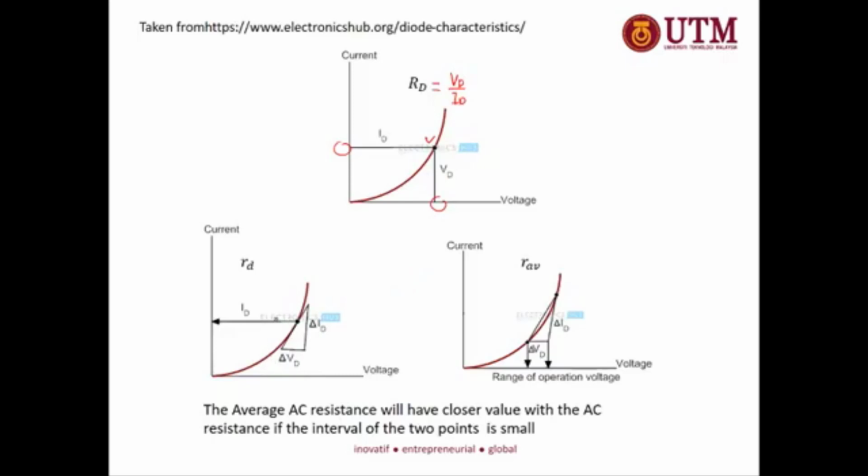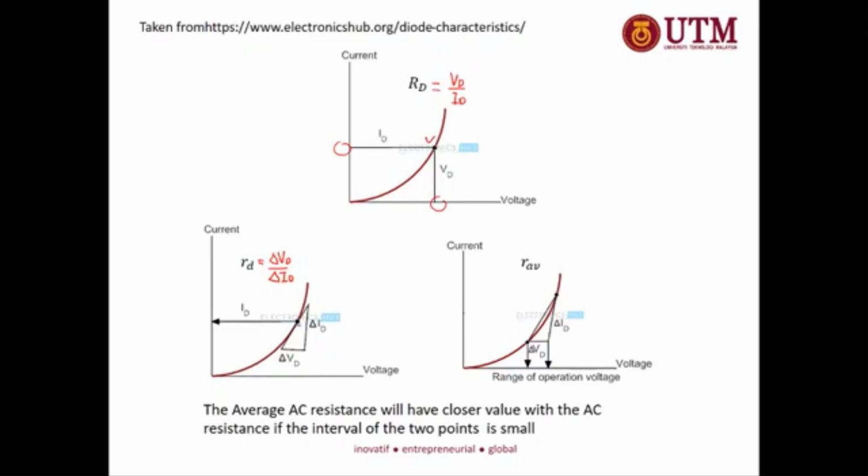Next is the AC resistance, small rd. AC resistance is delta VD over delta ID. In mathematics, when you have the function and you differentiate the equation, you get what we call a tangent line.